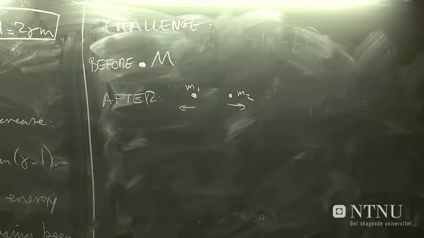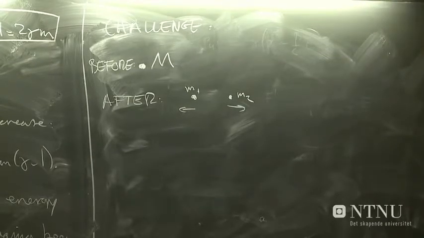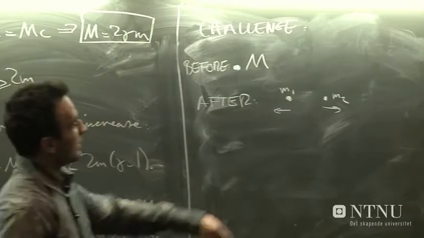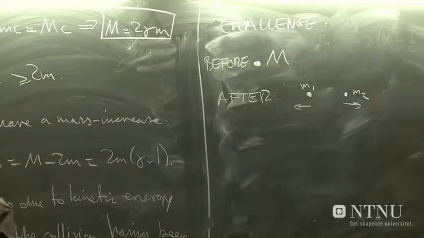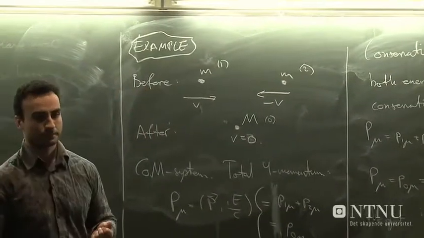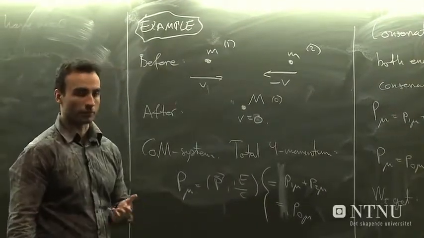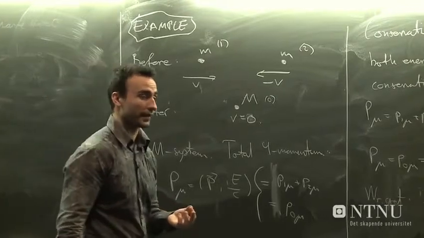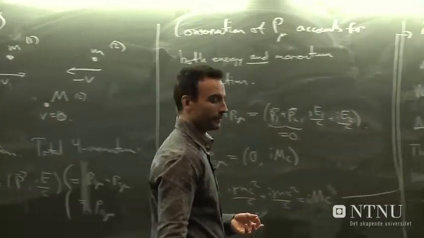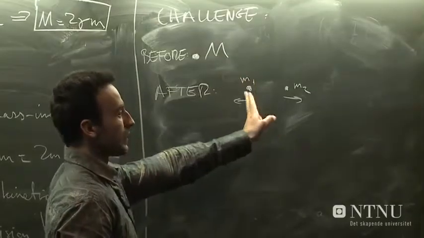And this disintegrates into two smaller particles, M1 and M2. And so this might look like the same scenario here, but there's a twist. Whereas here we had identical masses of the two particles, we now allow for the masses to be different. So large particle M disintegrates into M1 and M2.